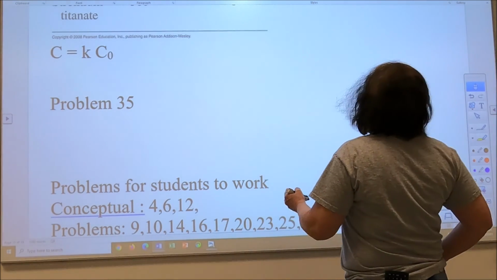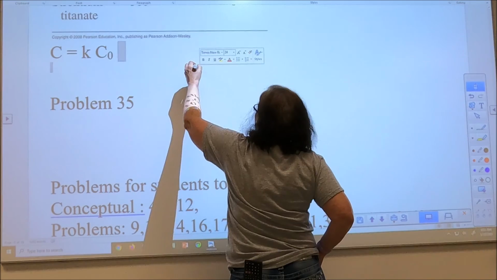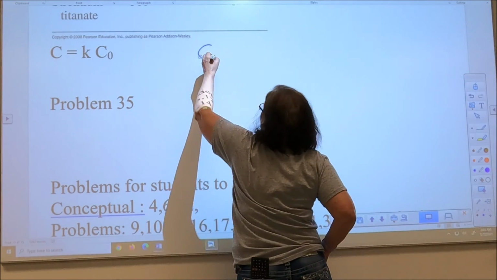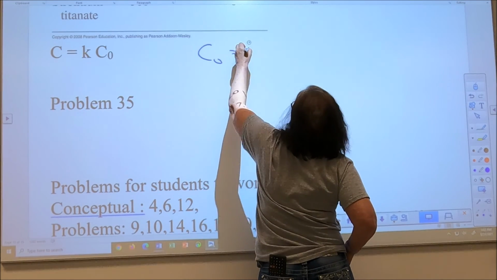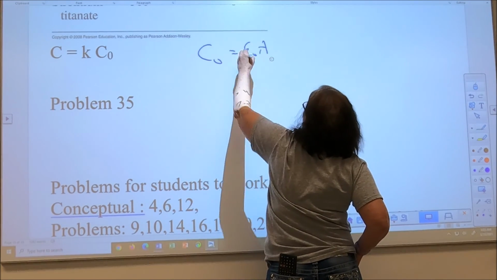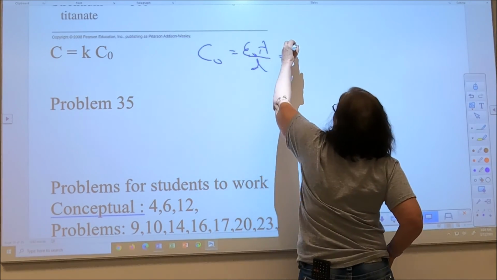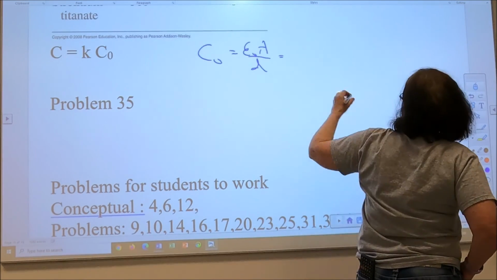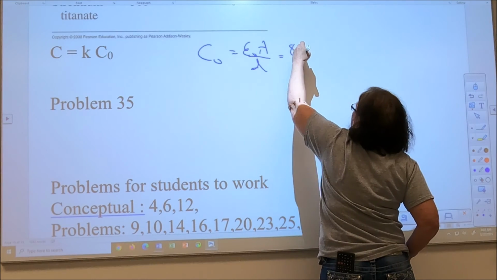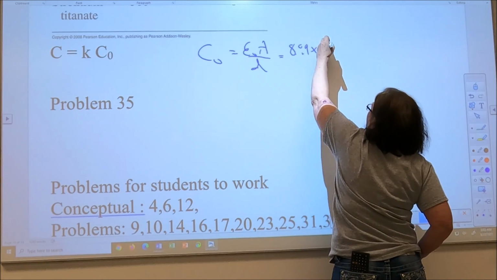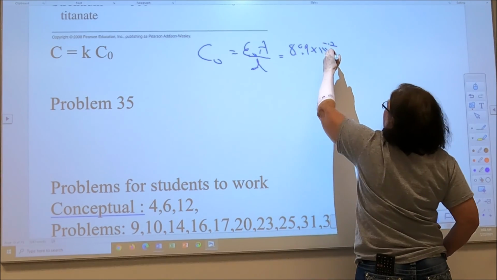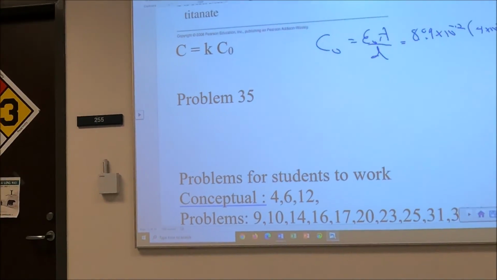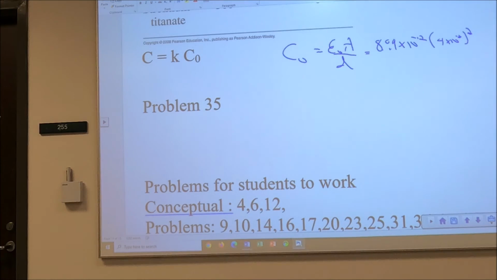First thing we're going to do is use C0 equals epsilon 0 A over D. So epsilon 0 is 8.99 times 10 to the minus 12. Okay guys, I am going to get this chapter finished, I promise.